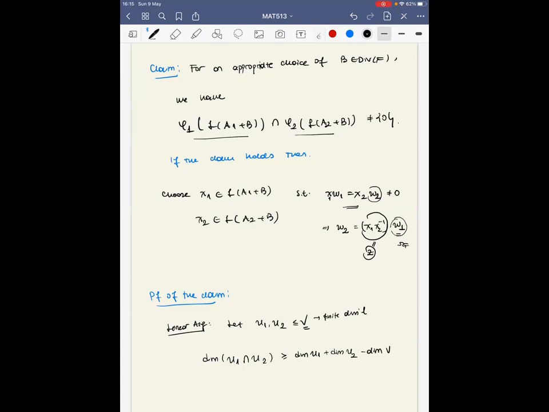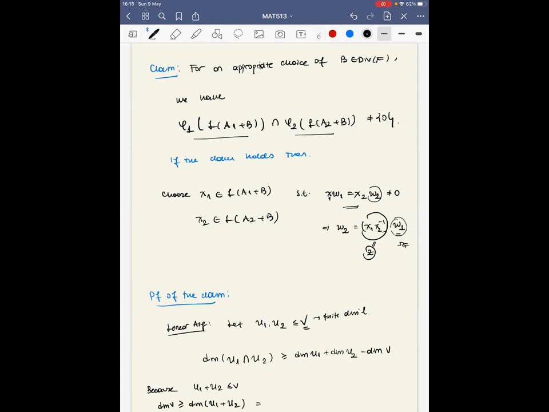This statement is true because we can verify it easily. Since U1 and U2 are subspaces of V, U1 plus U2 is also a subspace of V. The sum also lies in the ambient space. So the dimension of V is always bigger than or equal to the dimension of U1 plus U2.